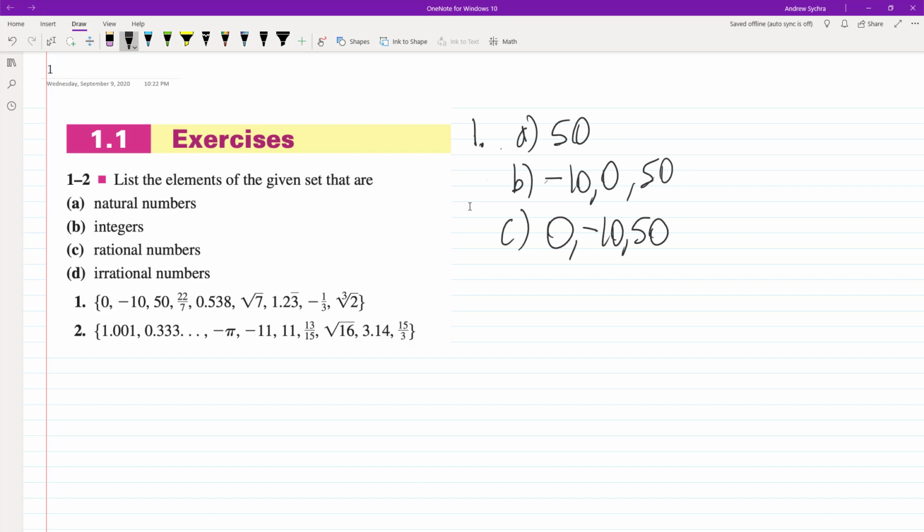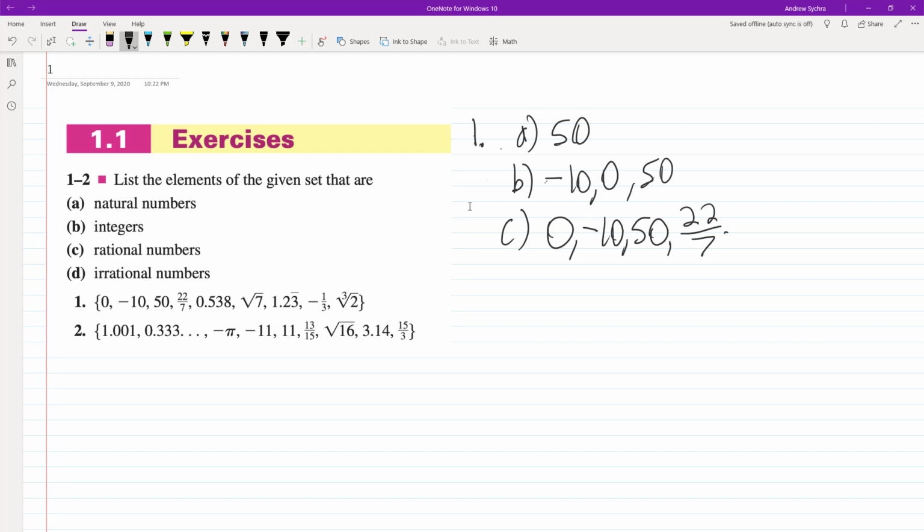A rational number, it can have repeating decimals, but it can't have an indefinite number of digits that have no pattern at all. So 50, 22 over 7.